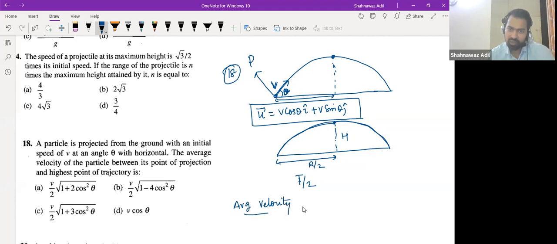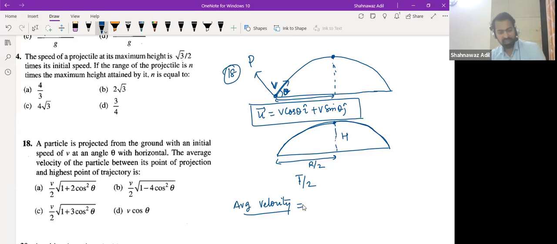So what is the average velocity? What is average speed, guys? Sir, like dx by dt. No, that is instantaneous one. We don't know the parameterization of delta x by delta t.